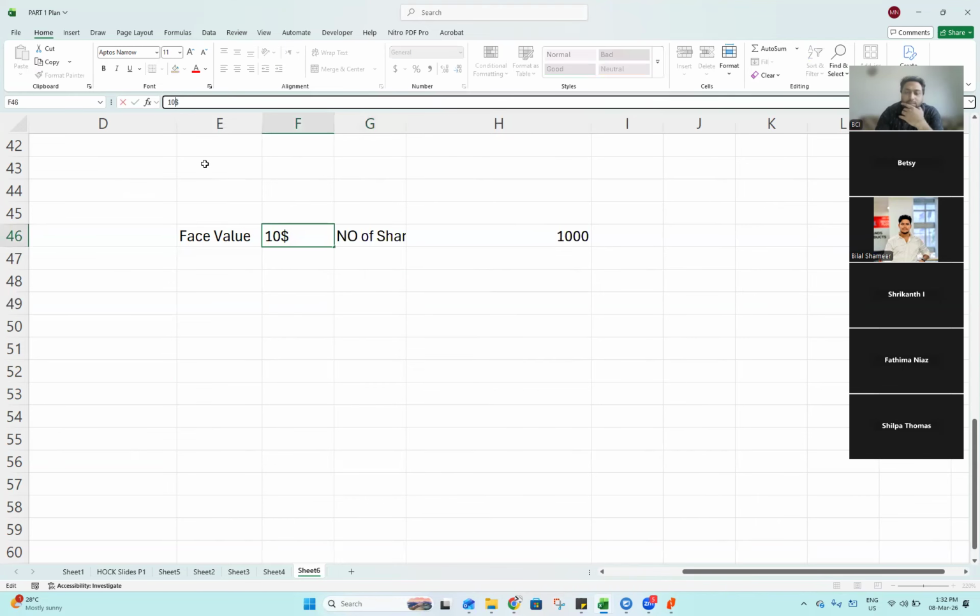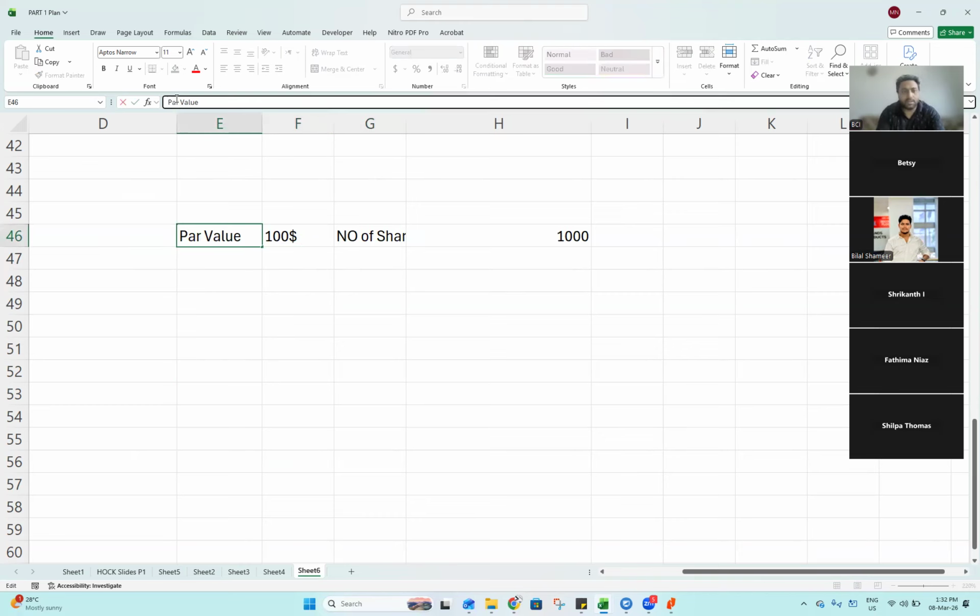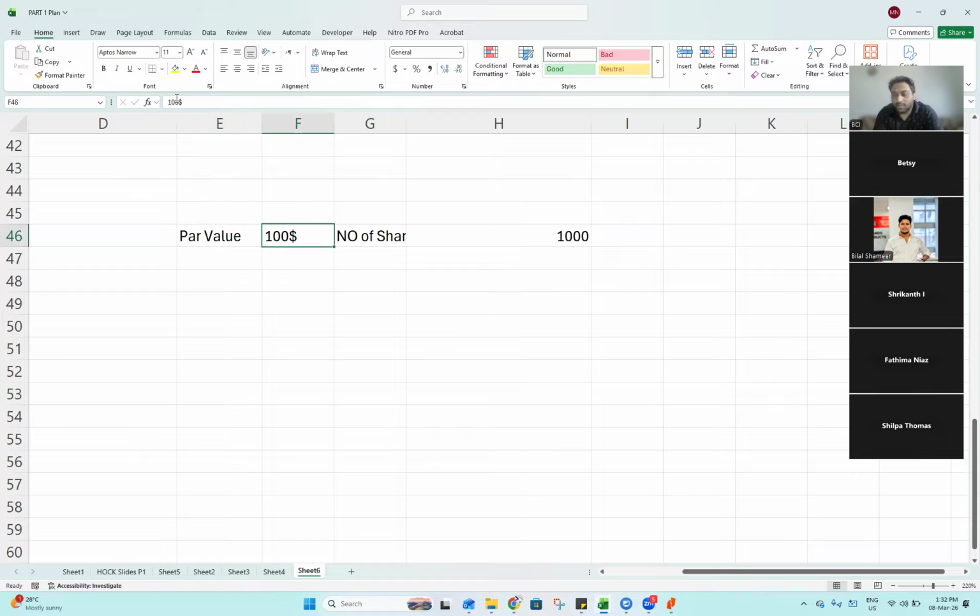Or for example, my par value, not face value, is $100. Clear?